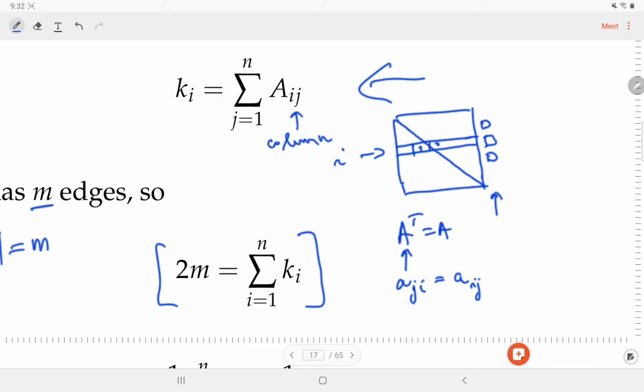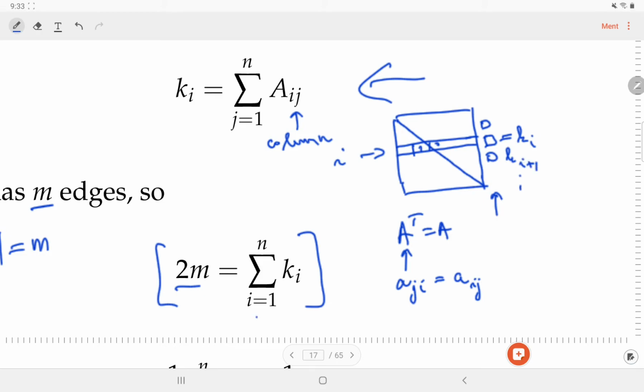That's the symmetric matrix. So if we add up all the numbers in the matrix, then we get 2 times m. That's obvious, right? And it's equal also to these numbers here. This is going to be equal to k_i, then this is going to be equal to k_(i+1), and so on.